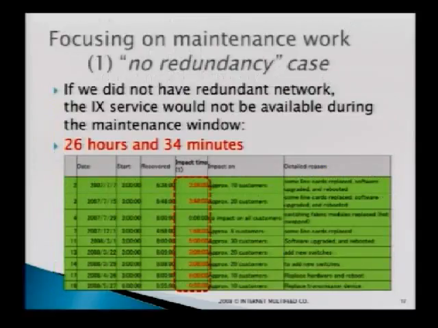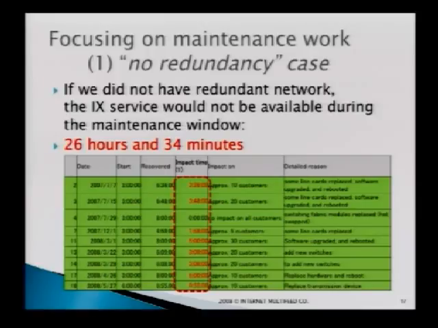So first, focusing on the maintenance work. Usually, the maintenance work is done for this time period. And if we did not have a redundant network, the IX service would not be available during the maintenance window.